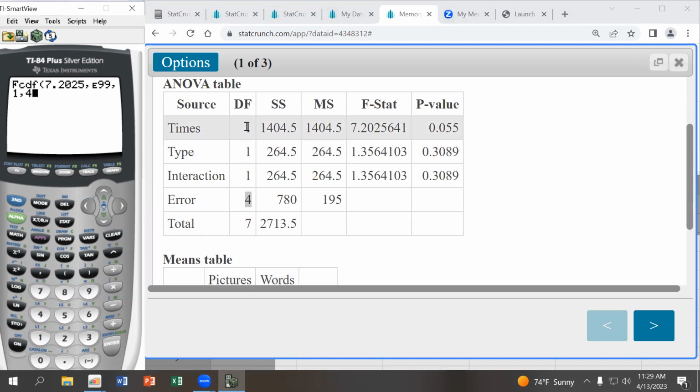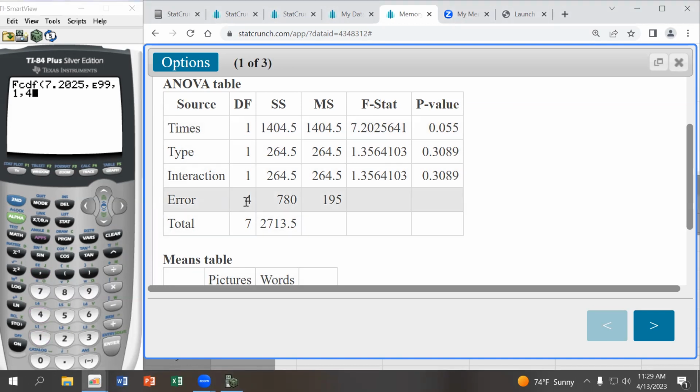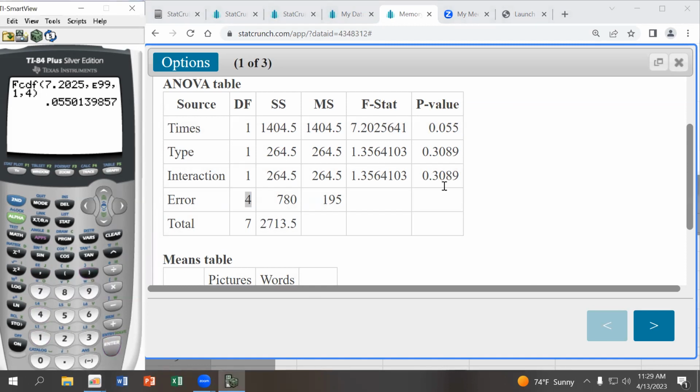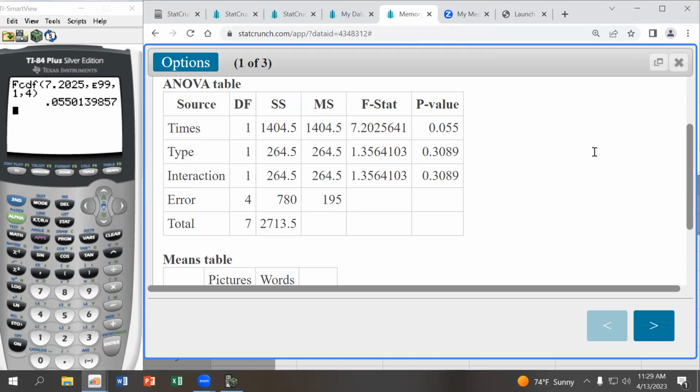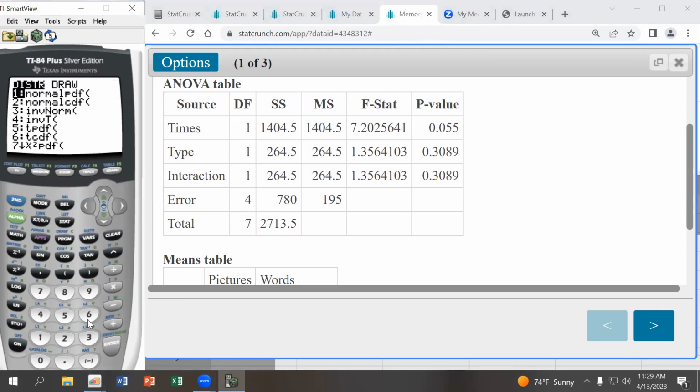Good. 1 comes from row, 4 is coming from error. Close parenthesis. Enter. Does that probability match the p-value of it? Yes. Same process, second, VARS. Number 10.